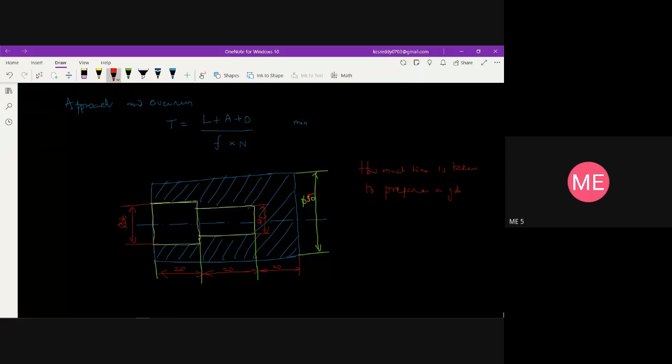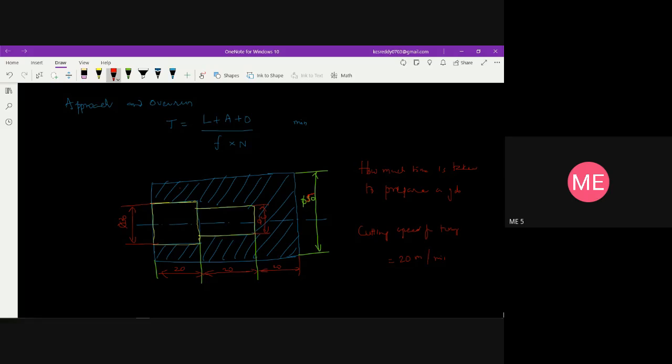So based on that, we need to assume the data given as cutting speed for turning, which is given as 20 meters per minute. In this blank, there is no boring count; the piece is actually like that only.